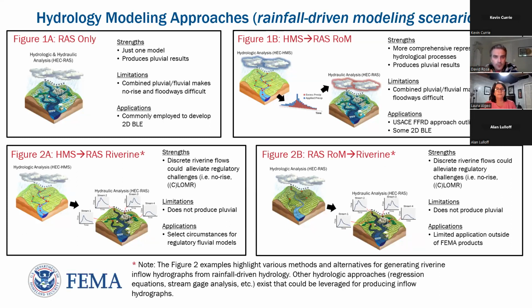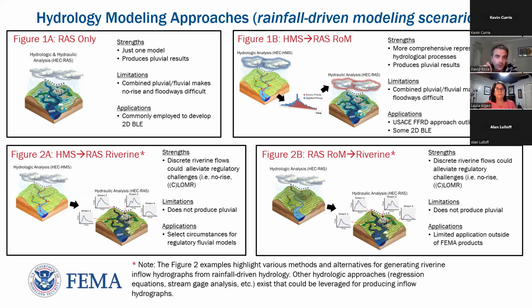And the bottom two approaches are just two different ways really of deriving discrete riverine flows that you can then route through a two-dimensional model. So in this, you're not really leveraging the full capabilities of 2D because you're not producing pluvial results. But some of the strengths of these is that it's more conducive to things like regulatory considerations.